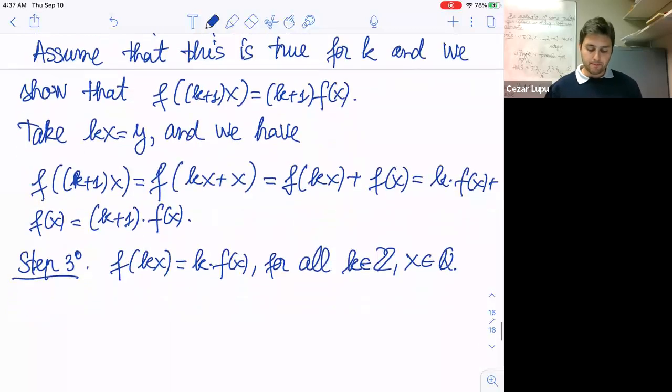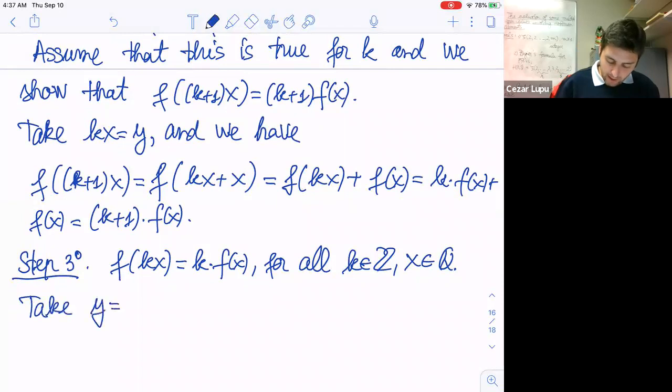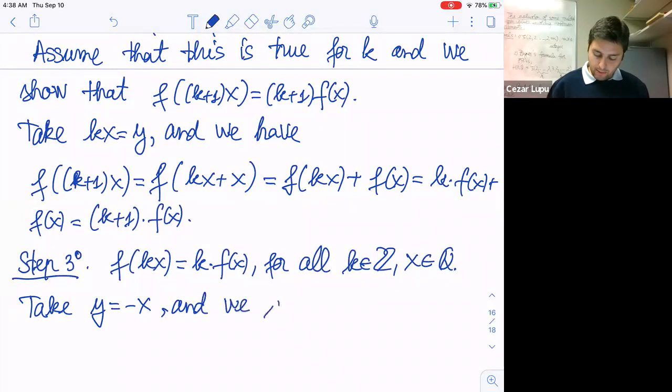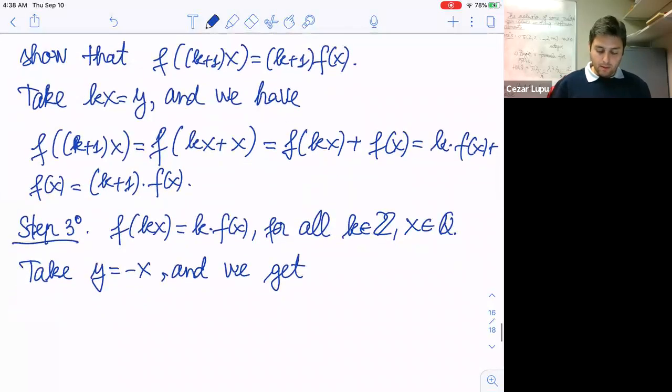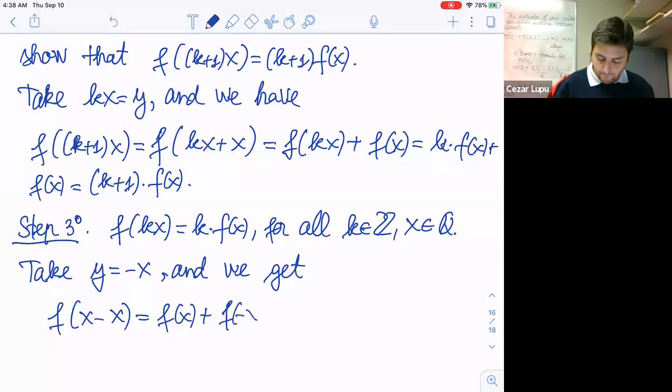Okay, great. Now what we're going to do is the following. We'll take y to be negative x, because I want to use step 1 right now. And we get the following: f of x plus y will be f of x minus x, which is f of x plus f of negative x.